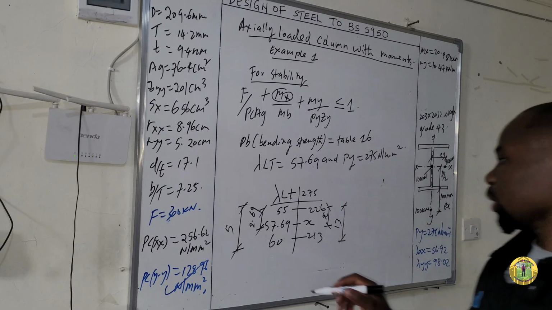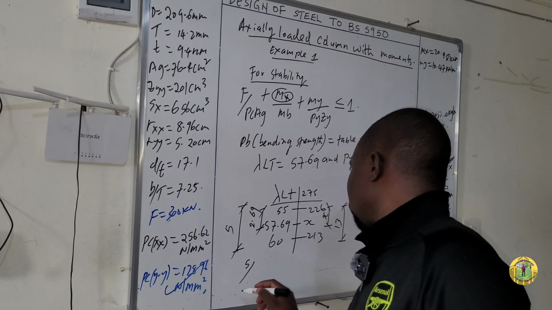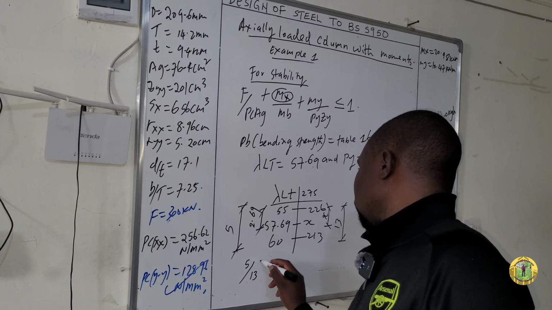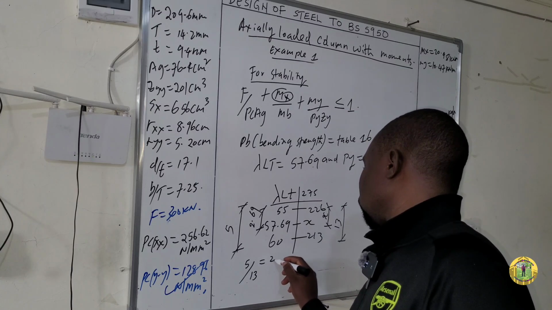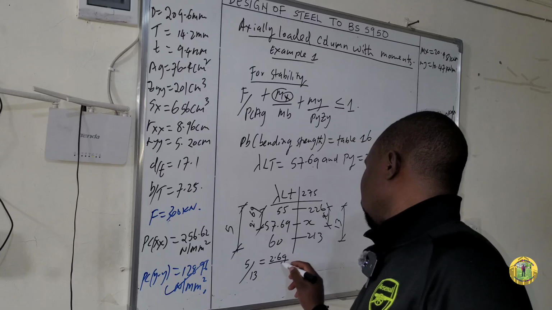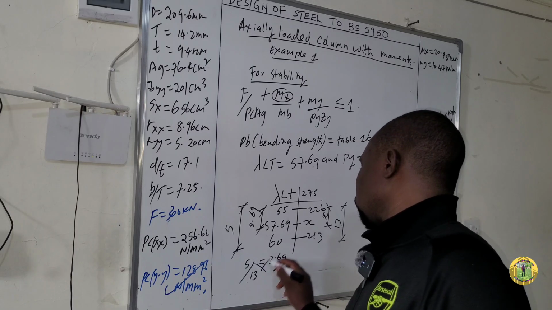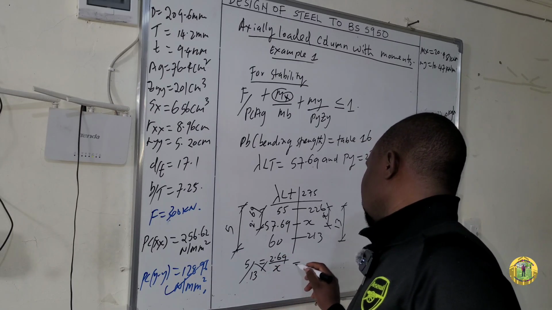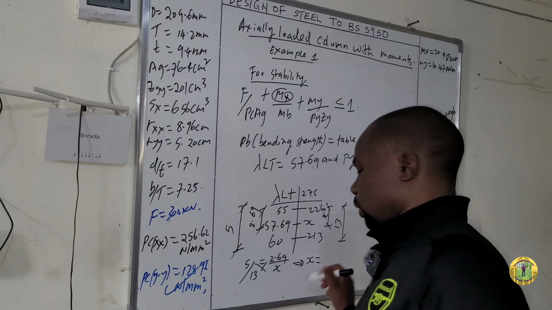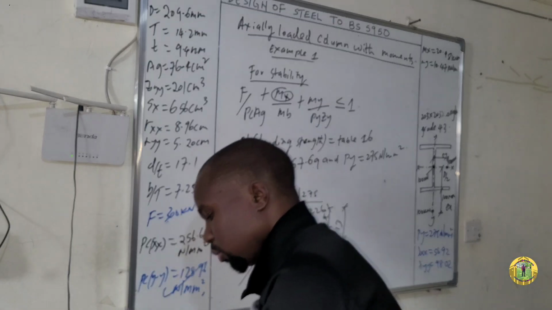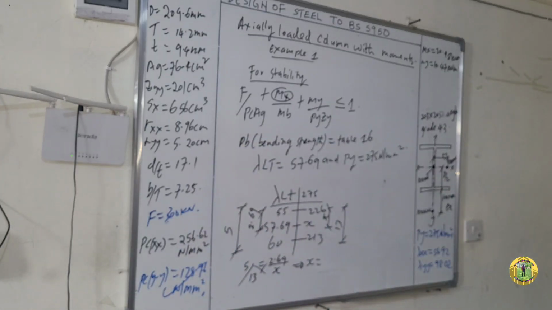Again, we'll do the comparison: 5 over 13 is equal to 2.69 over x. You cross multiply, which implies x is equal to 13 times 2.69 divided by 5.